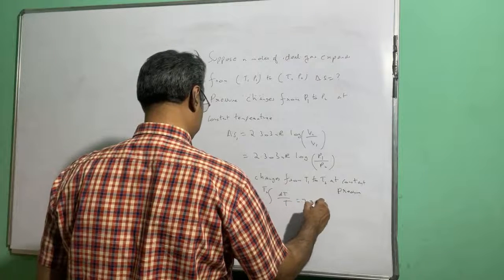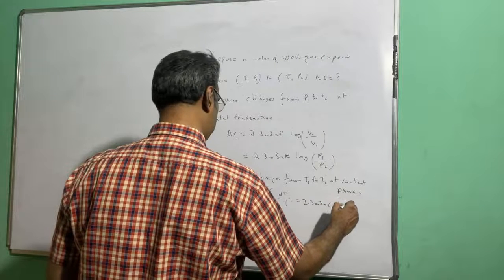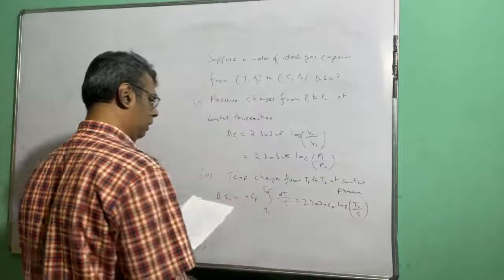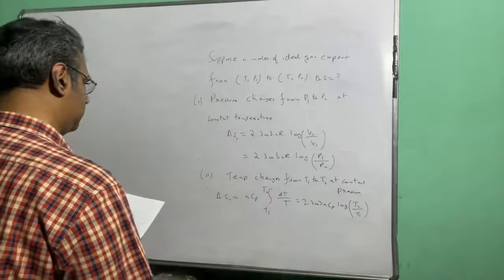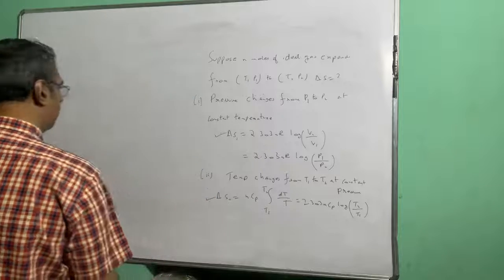So this is coming to 2.303 n Cp log T2 by T1. So this is delta S2. So this is delta S1 and this is delta S2.